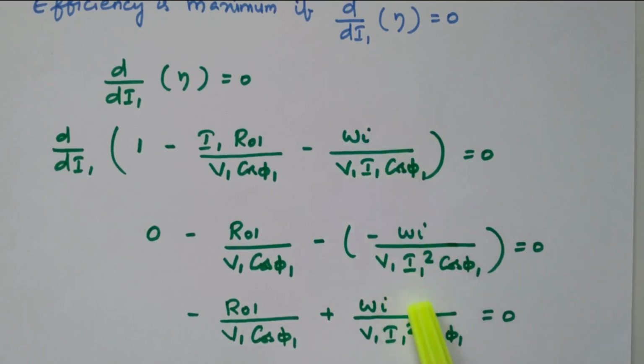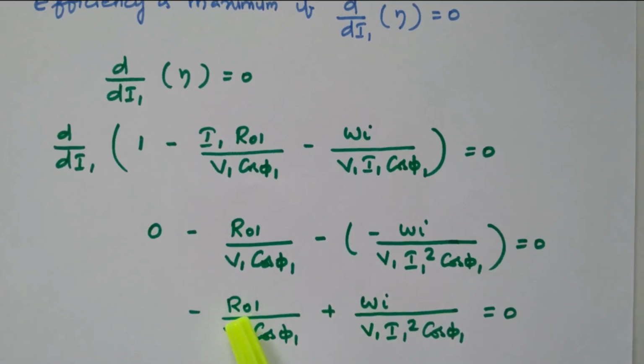Differentiation of 1 by x is minus 1 by x square, that we know very well. Similarly, differentiation of 1 divided by I1 is minus 1 divided by I1 square. Already one minus sign is there, so it becomes plus. So minus R01 divided by V1 cos phi1, plus Wi divided by V1 I1 square cos phi1, equal to 0. Now we bring this term to the right hand side.